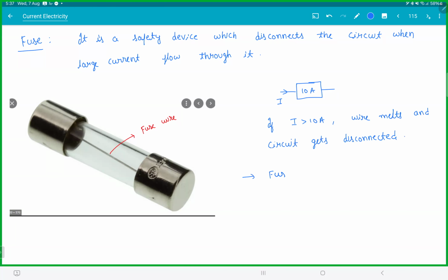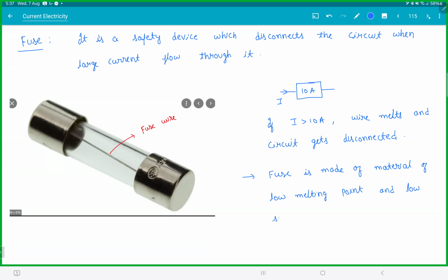So this fuse wire is made of a material of low melting point because you want it to melt very fast, and low specific heat capacity.